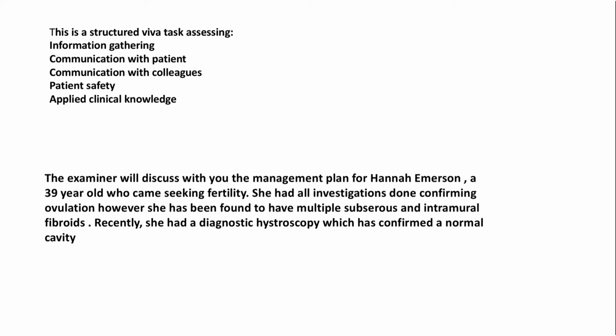As I told you, the intramural fibroid will cause irritability of the muscle, and also a very, very important risk is postpartum hemorrhage if she gets pregnant and has multiple fibroids. So the best thing is to deal with it before pregnancy. This will improve the outcome of pregnancy as well, and the pregnancy rates will be higher.